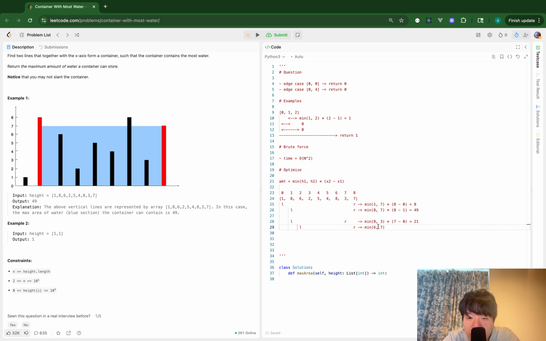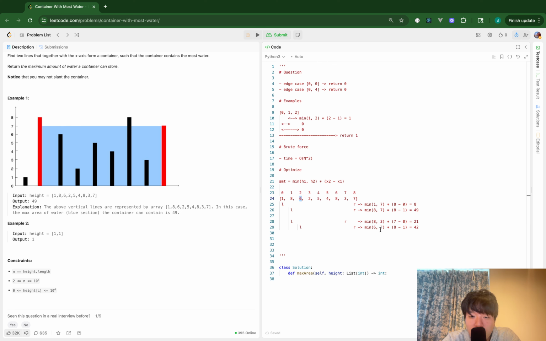No, decreased. This is decreased. So this way I get 7. Am I correct? 6, 7, yes. No, this should be 42. Actually, this 6, 7 would store more water.